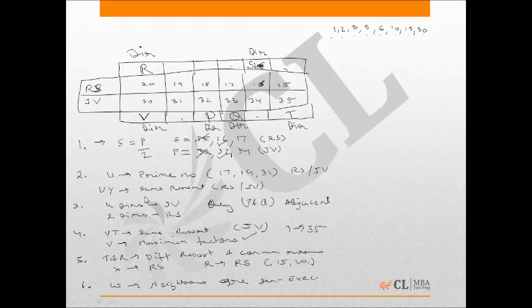Now we'll move to last statement W. Neighbors whose neighbors are only senior executives, that is, he did not stay adjacent to any of the directors. We know that W cannot stay in 31 because both the adjacent people are directors. Similarly, he cannot stay in 34, he cannot stay in 15, he cannot stay in 17, he cannot stay in 19. The only possibility for W is 18.